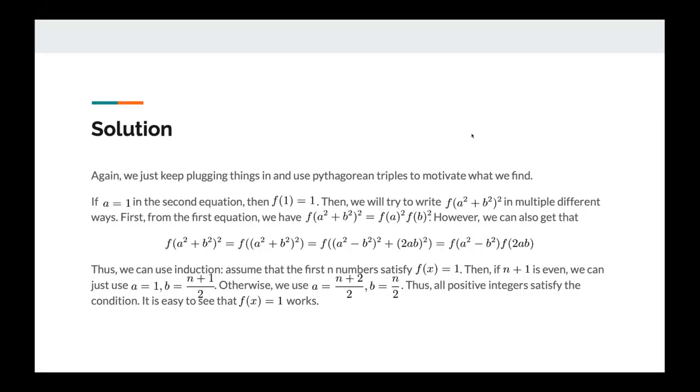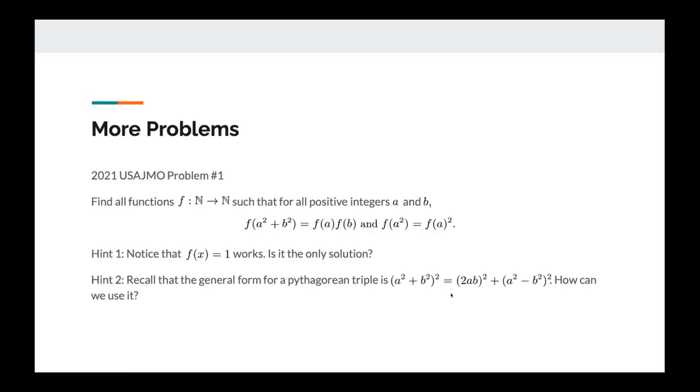But if we also use the Pythagorean triples formula, then we can use the second equation to make it f of that number squared. And then using the Pythagorean triple generation, we can split that into 2ab squared plus a squared minus b squared squared. And then we can split that further.